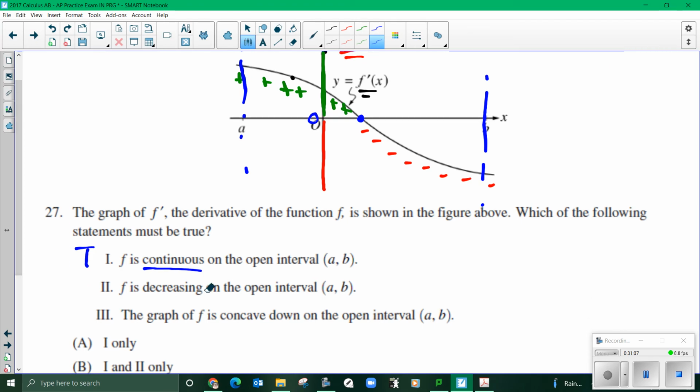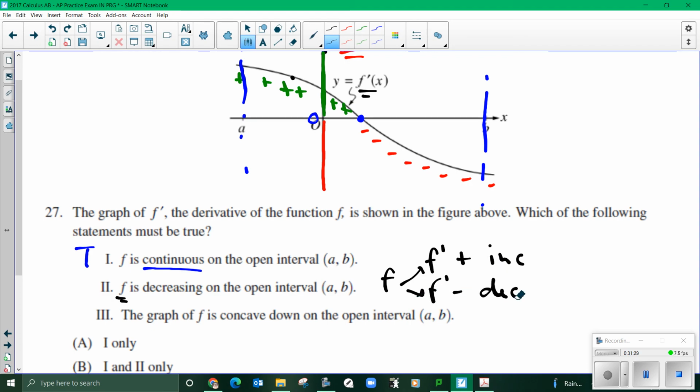F is decreasing on the open interval from A to B. Now keep in mind, this is saying F, not F prime. Whether F is increasing or decreasing means if the slope or derivative is positive, it's increasing. If the slope or derivative is negative, it's decreasing.